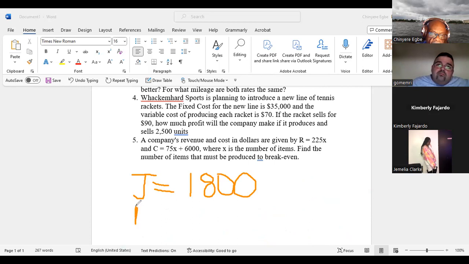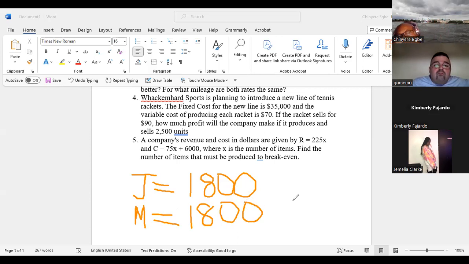And M equals 1,800. Suppose they both sell $1,800 worth of goods. Who's going to make more money?